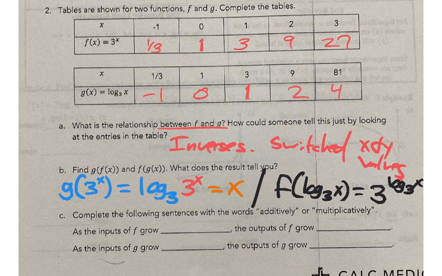And I'm plugging this into the function f. The function f of x is 3 to the x. Now instead of saying x, I'm saying log base 3 of x. This got plugged in where the x used to be. So 3 to the log base 3 of x. You don't know how to simplify this yet. Yeah, that's what I'm working on. That's why I'm confused. Just give me one second.